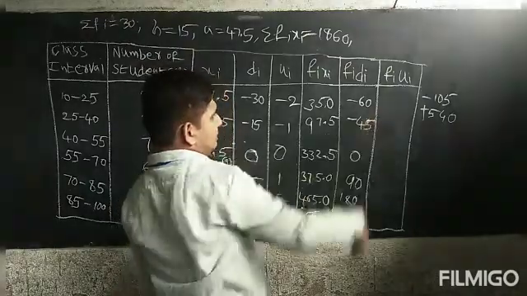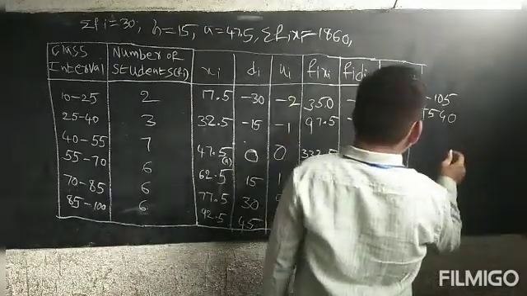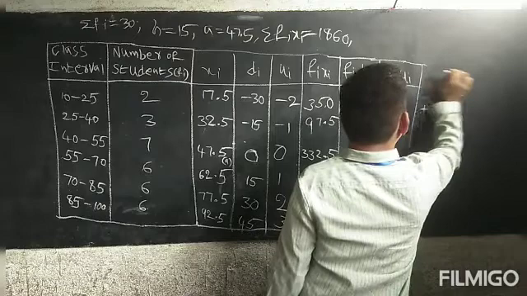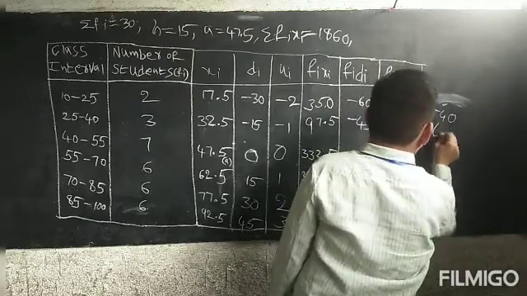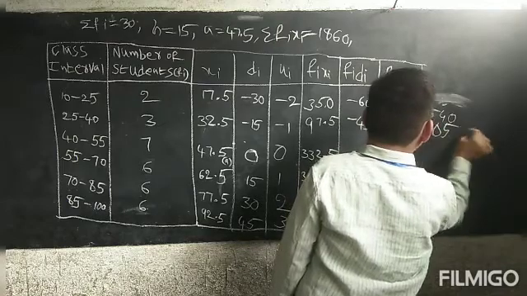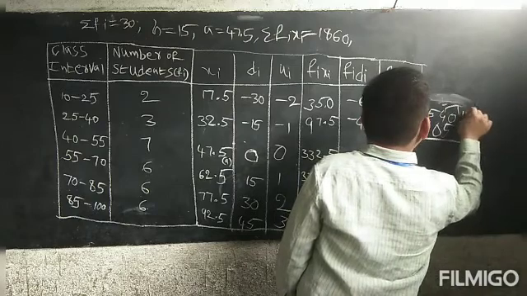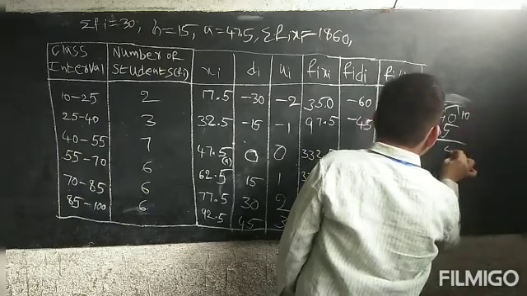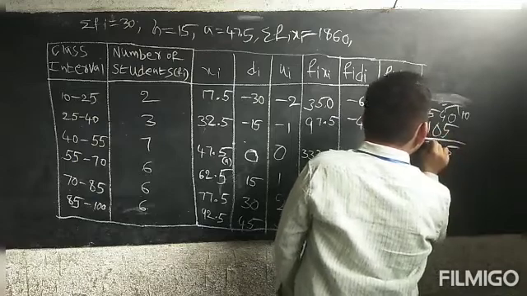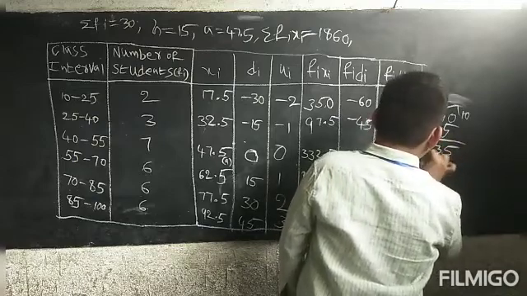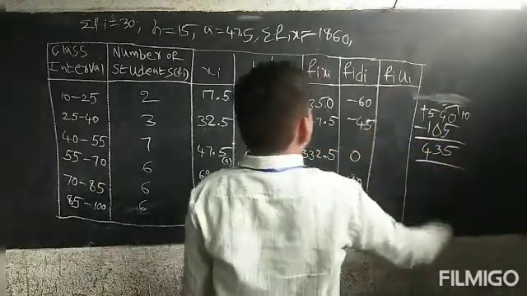So 540 minus 105. So sigma fidi equals 435.